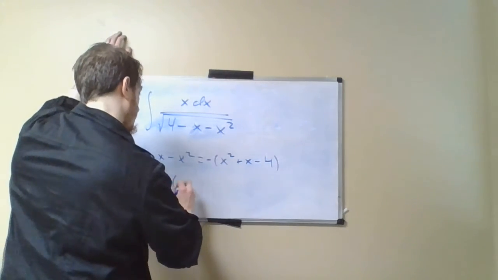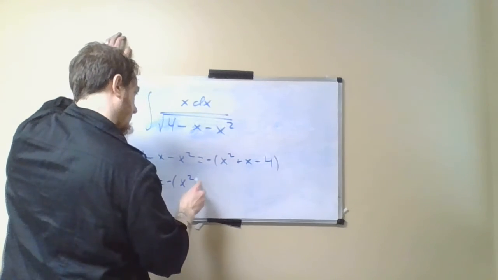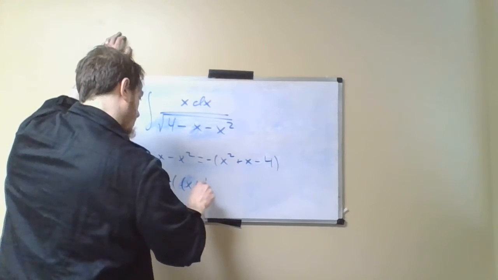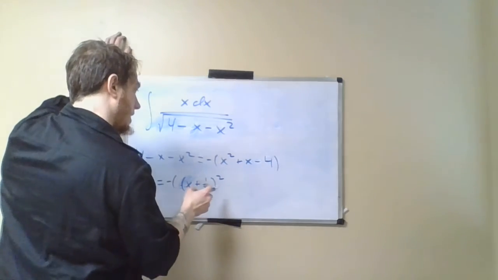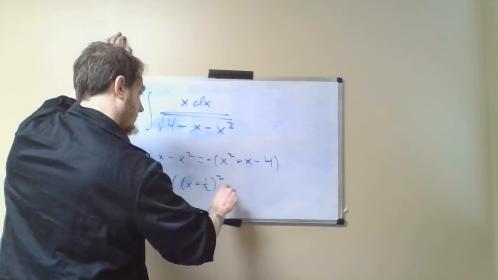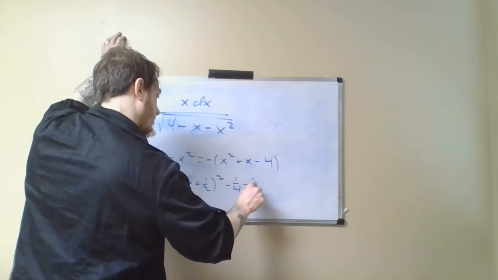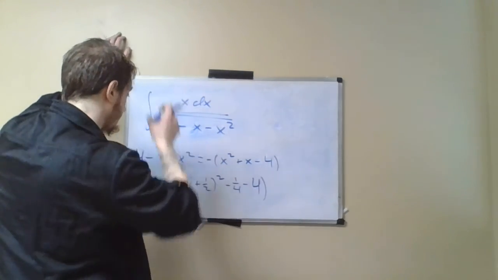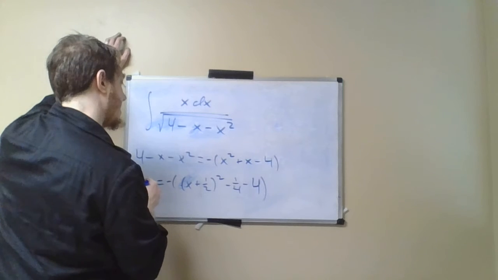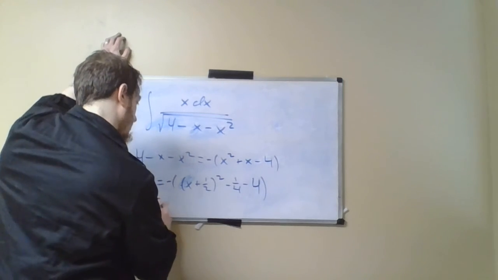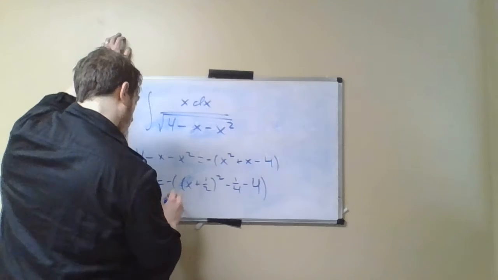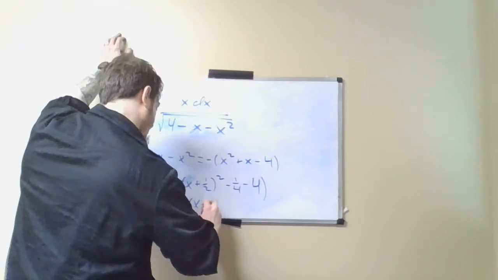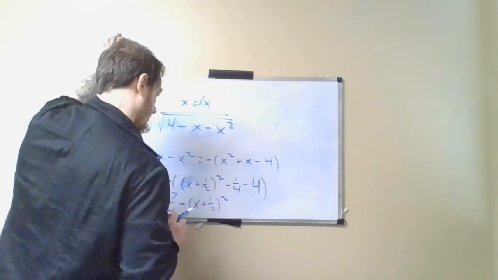And this is going to become negative, well, let's write it this way, x plus 1/2 squared minus 1/4 minus 4 from completing the square. And so what we end up with here then is going to be 1/4 plus 4, that's going to be 17 over 4 minus x plus 1/2 squared.